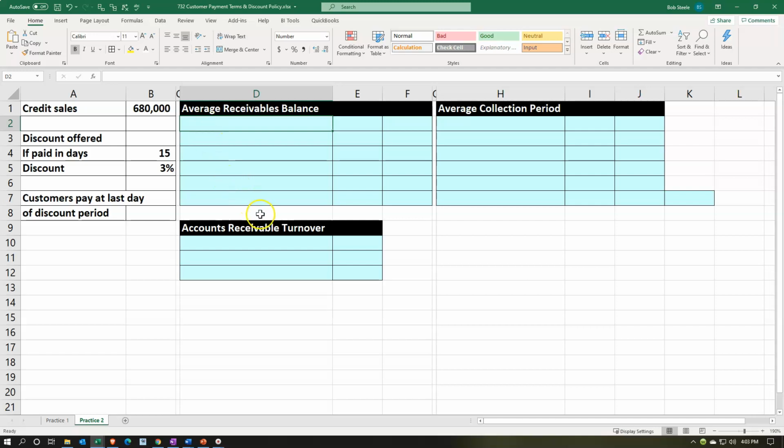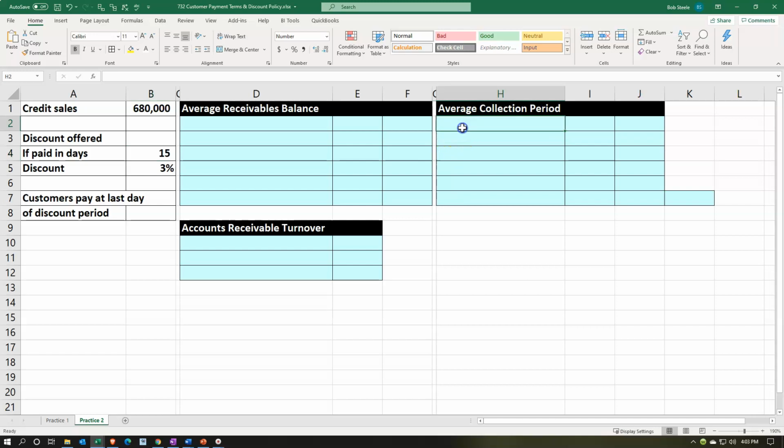So we're going to do our same thing here. We're going to say, okay, the accounts receivable, let's do it over here. I want to figure out what the average accounts receivable would be. I have sales here, and we're going to assume that we're going to get paid within the 15 days. The assumption is that all the vendors are going to now switch their policy to pay us in 15 days instead of 60 days to maximize the price.